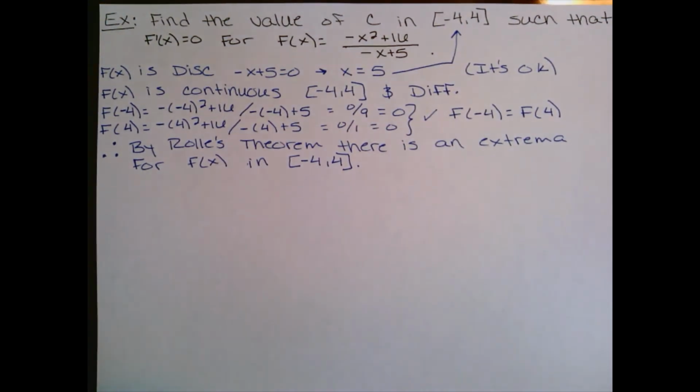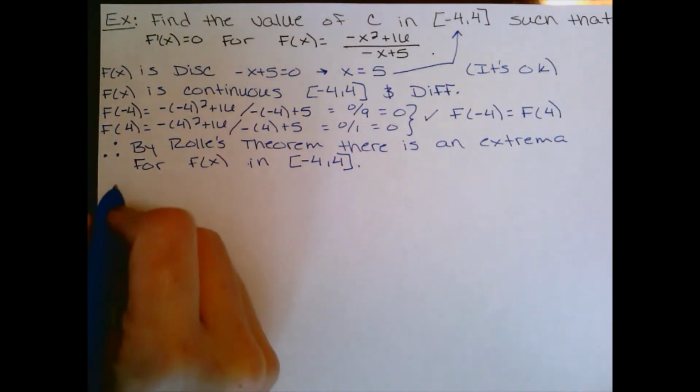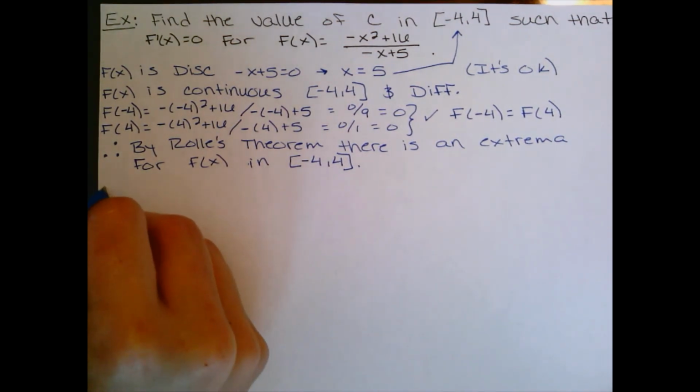All right, so we finished proving Rolle's theorem. I'm going to go ahead and take the extra step and actually find what that extrema is for practice. We do that by completing the first derivative test.